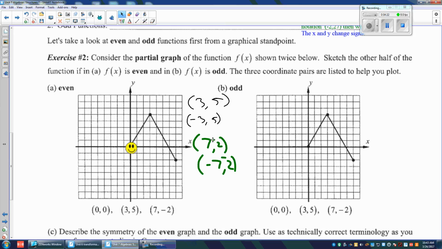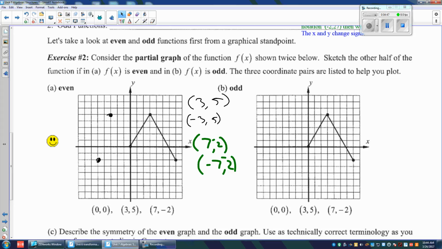There we go. So let me plot the 2 points. So 3, 5 turns into negative 3, 5. Sorry, 7, negative 2 turns into negative 7, negative 2. Oh, it is a reflection across the y-axis.